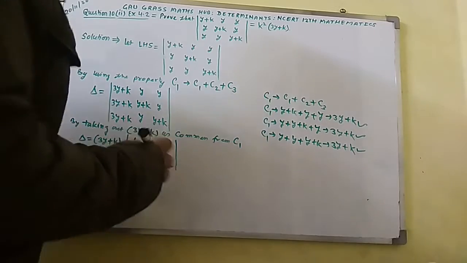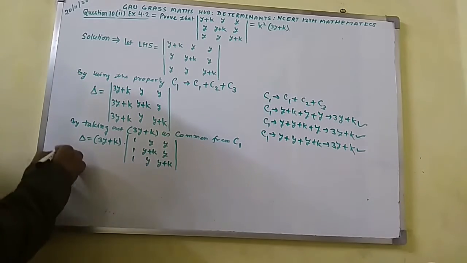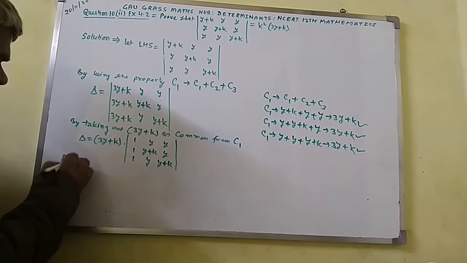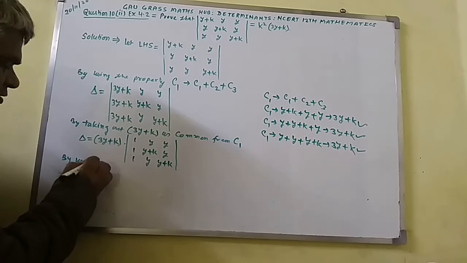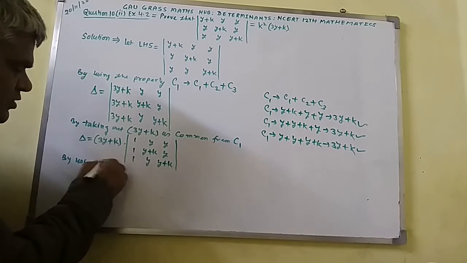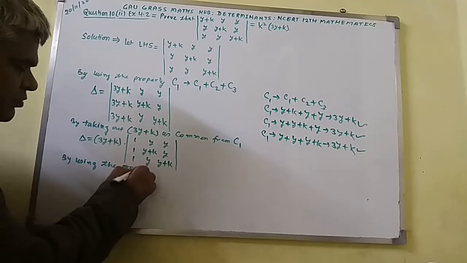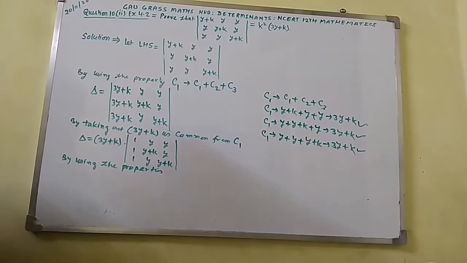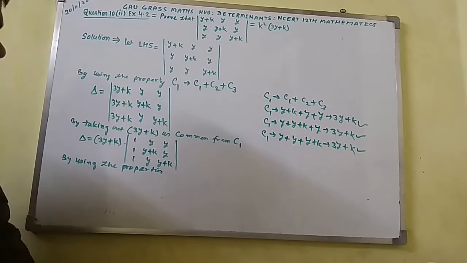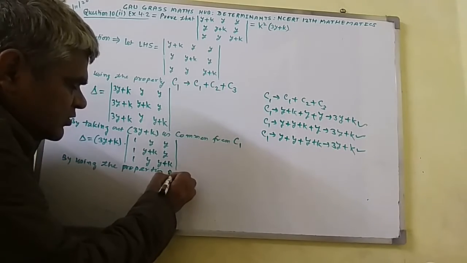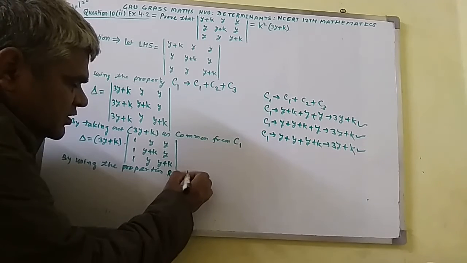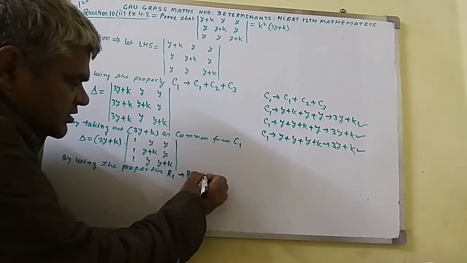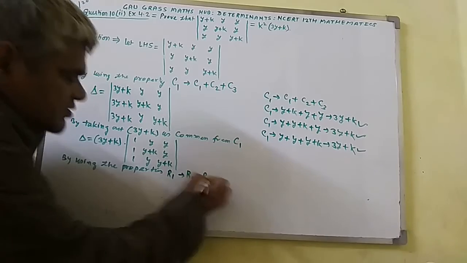By using the properties, R1 goes to R1 minus R2.